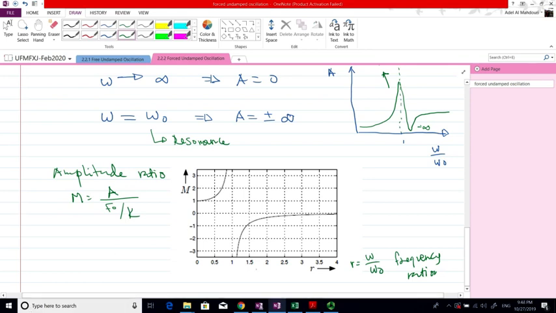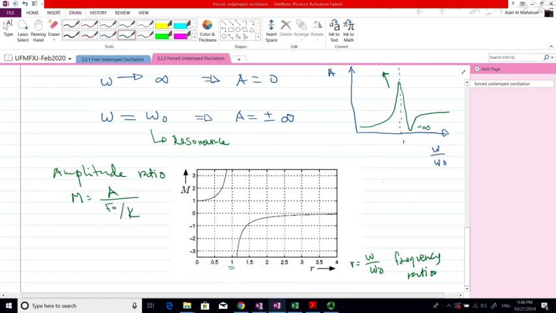So what do we understand from this graph? Let's look. When omega is very close to omega naught, the amplitude goes to maximum, either positive infinity or negative infinity.